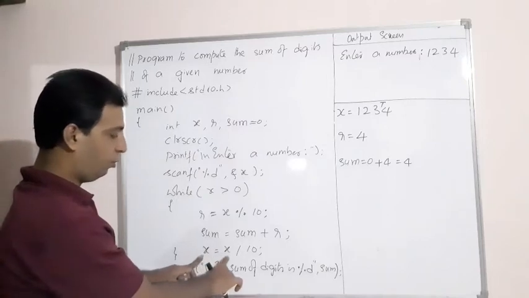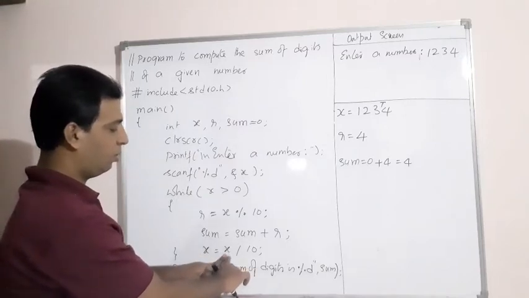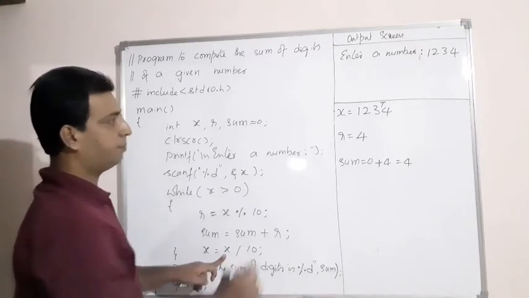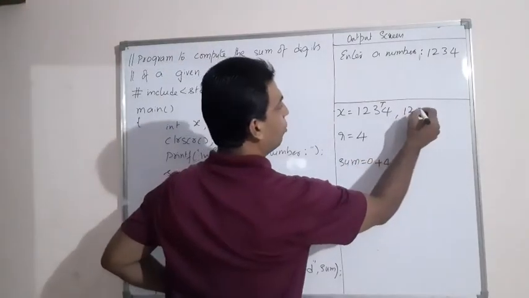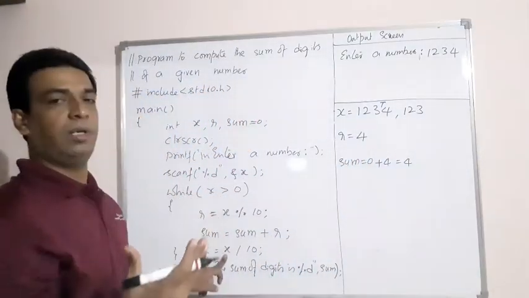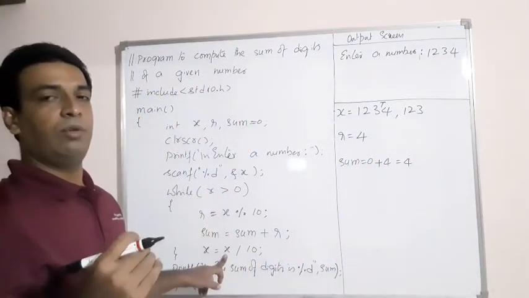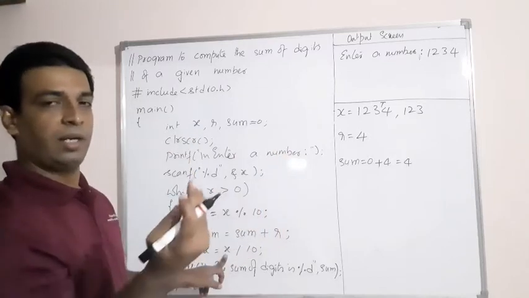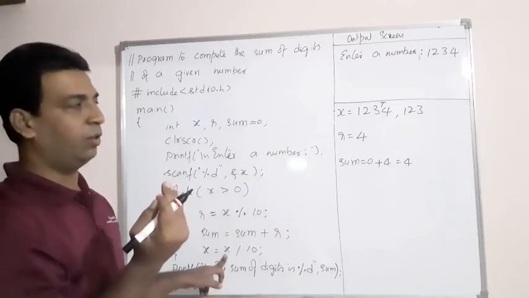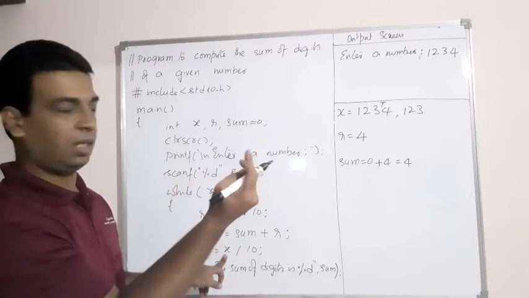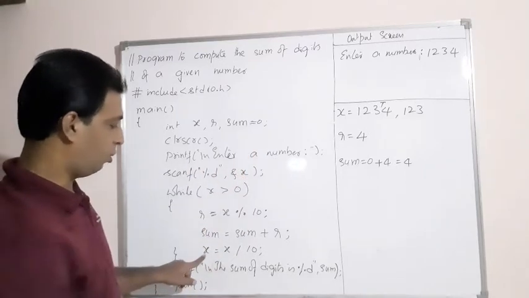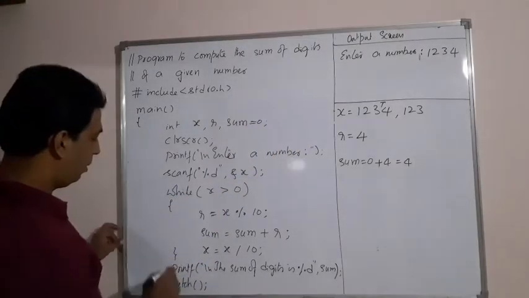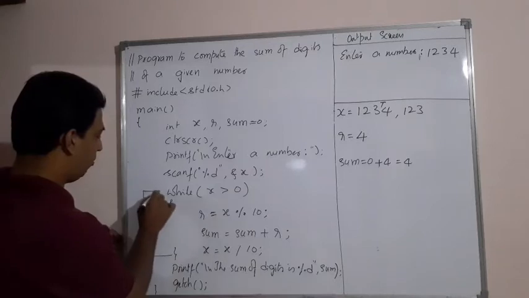Now 1234 divided by 10 will give you the quotient 1, 2, 3, because the last digit, the unit digit, is the remainder, and the remaining digits, 1, 2, 3 here, will be the quotient, and that is stored in X. According to the statement, X gets the value 1, 2, 3. Okay. After this, this is the end of the logic of the while loop.